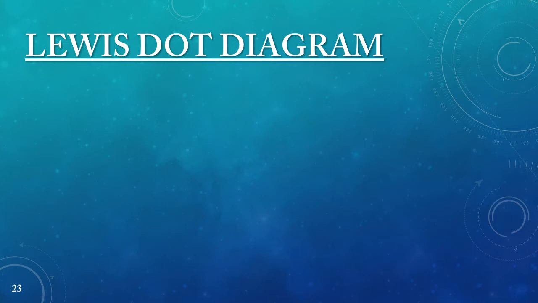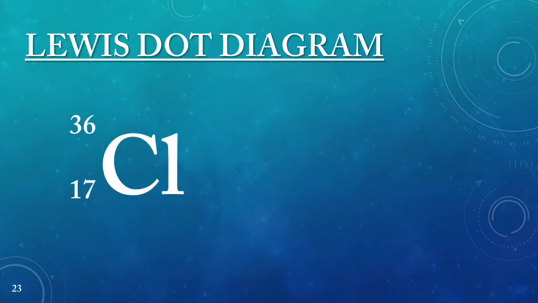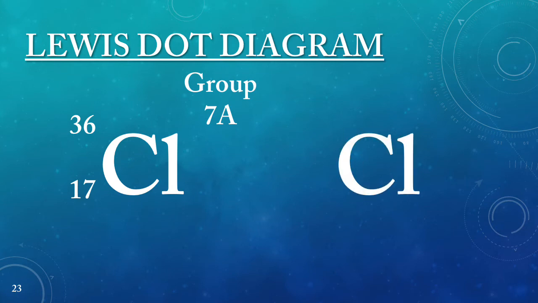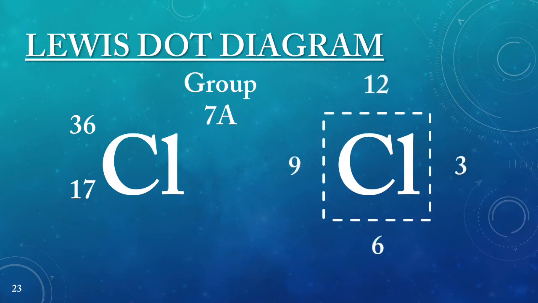Okay, let's look at a different one. Go back to chlorine. Chlorine is in group 7A, so that means it's going to have 7 valence electrons. So there's chlorine. Here's my box. There's our clock. We're going to start at 3 o'clock. We're going to put 1 there, put 1 at 6 o'clock, put 1 at 9 o'clock. We're going to put 1 at 12 o'clock.